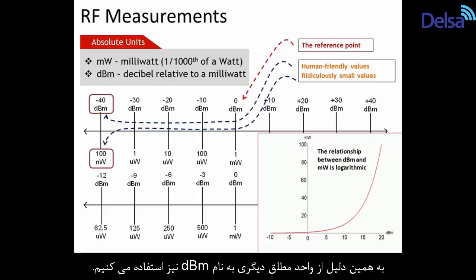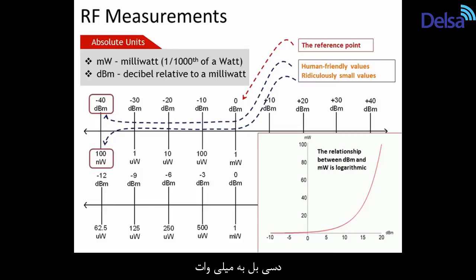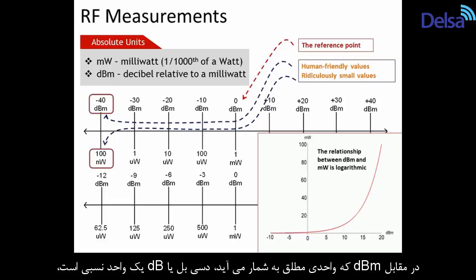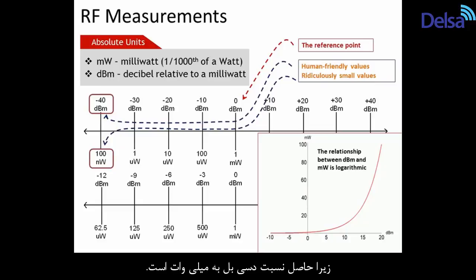And because of that, it's good to have another absolute measurement, and that is what we call dBm, decibels to milliwatts. Now, a decibel itself is a relative measurement. A dB is a relative measurement, but dBm is an absolute measurement because it's a decibel relative to a milliwatt. That is, 0 dBm equals 1 milliwatt.